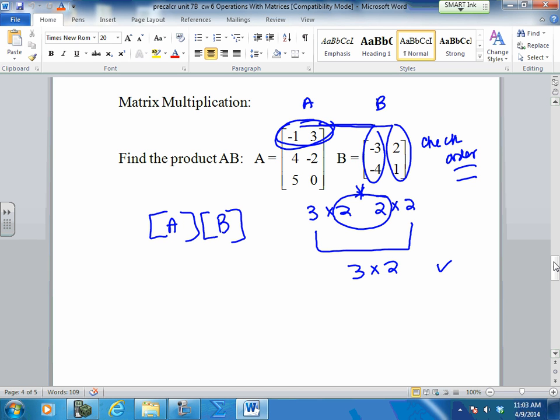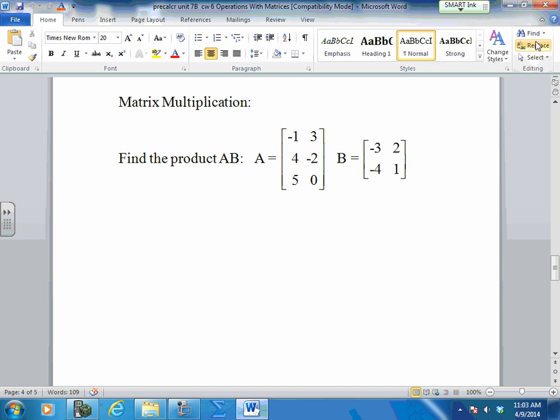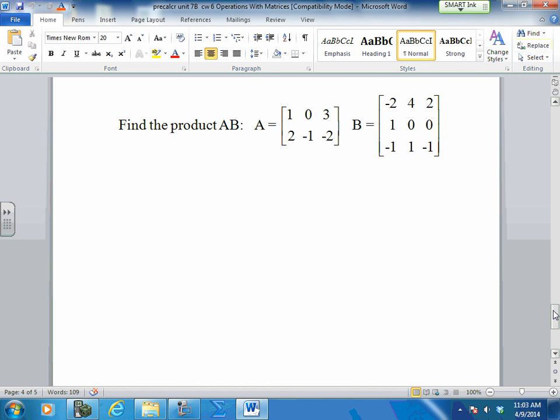Okay, did everybody come up with a 3 by 2 matrix? Okay. Now, tell me if you can multiply these. And tell me what your resulting matrix would be. That one up there.